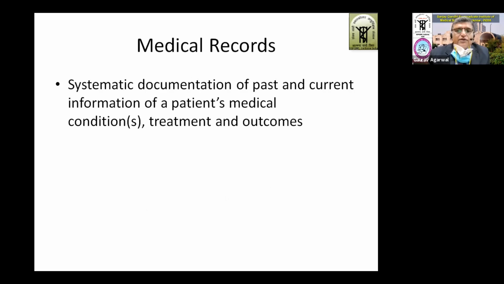Medical records are systematic documentation of the past and current information of a patient's medical conditions, the treatment the patient has received, and what the outcomes have been following their treatment. The discharge summary, the follow-up or visit summary, and the death summary are vital components of medical records.